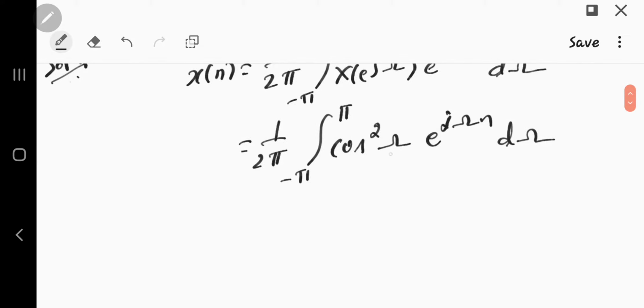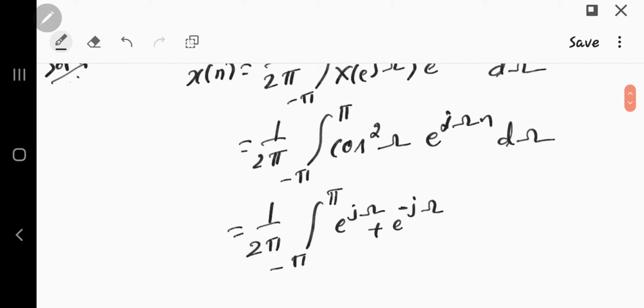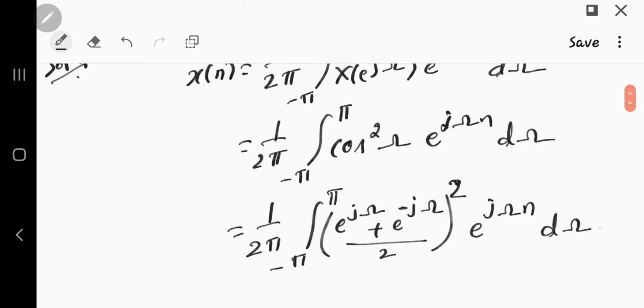Now this cos square omega can be written as cos omega whole square. Based on that I am going to convert this cos into exponential. So that is e power j omega plus e power minus j omega divided by 2, whole square, e power j omega n d omega.